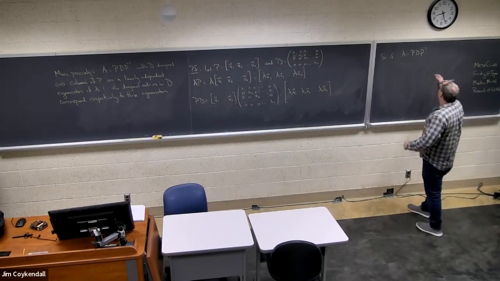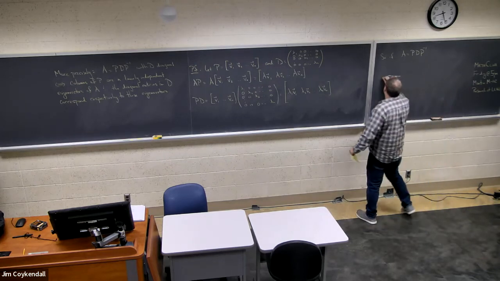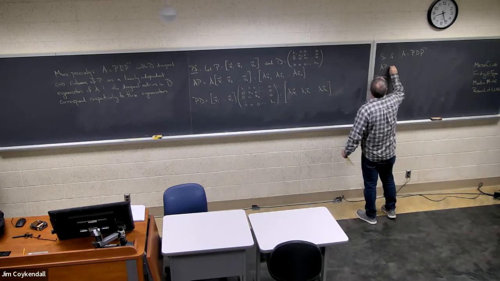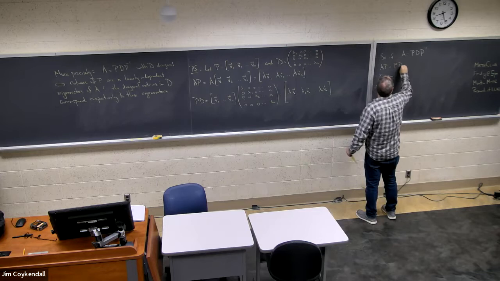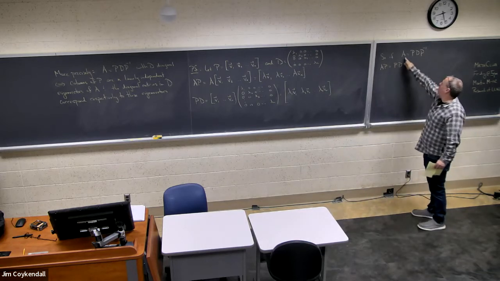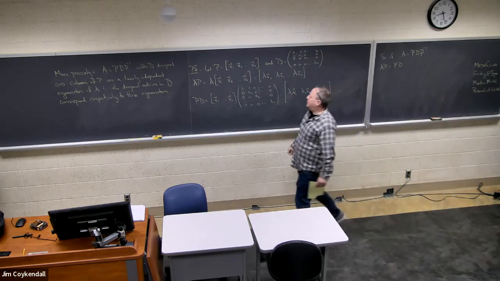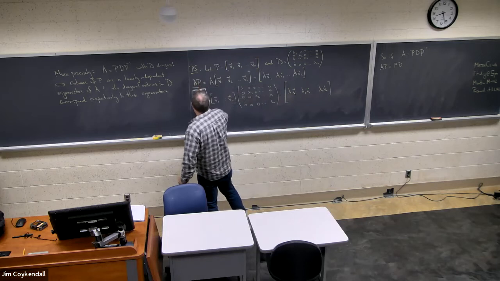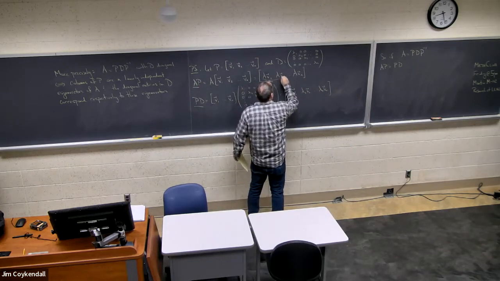I am going to multiply on the right side by P, so if this equation holds, and if AP is equal to PD, that means these columns pair up.